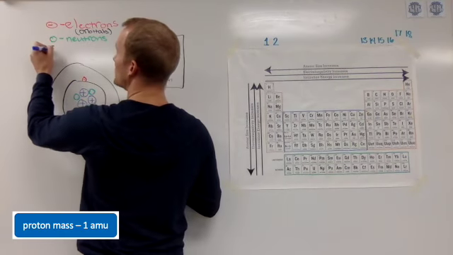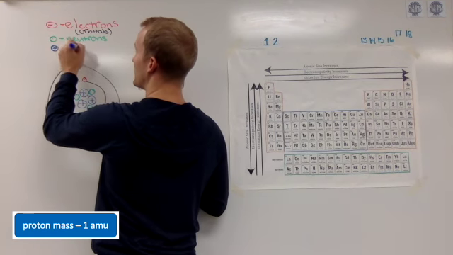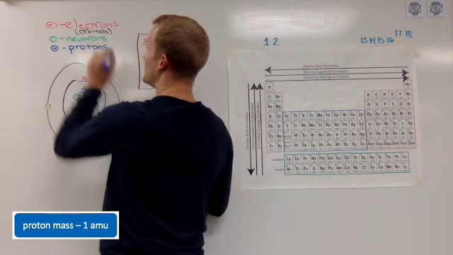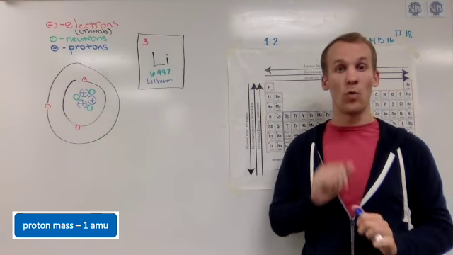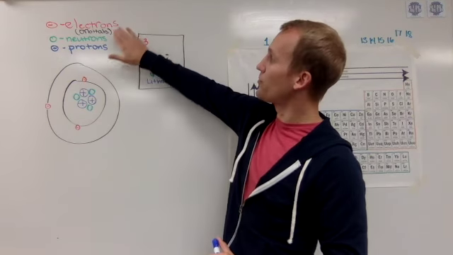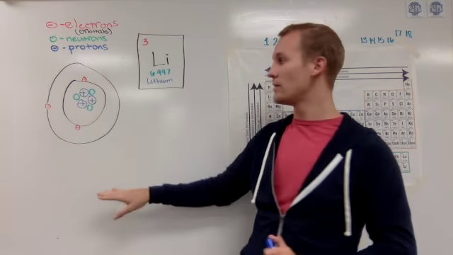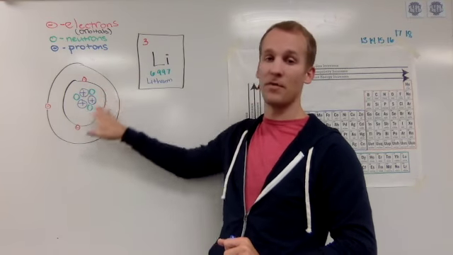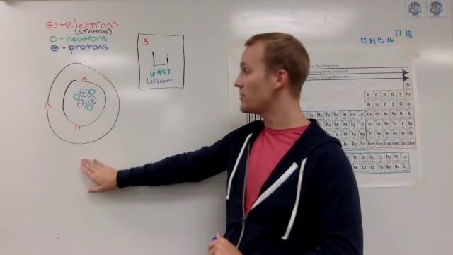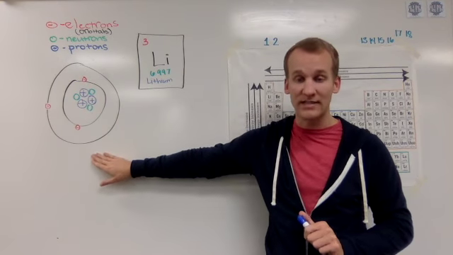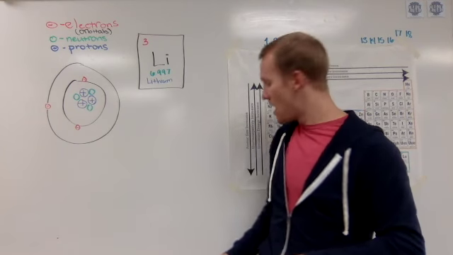Our protons are the blue positive particles in the center, which, similar to neutrons, are going to have a mass of 1. Okay, so these are the three particles that make up our atoms, right? We've got 2 in the center that make up the mass of the atom, and we've got the electrons surrounding, which are going to be involved in the actual bonding of the atom to other atoms, okay?